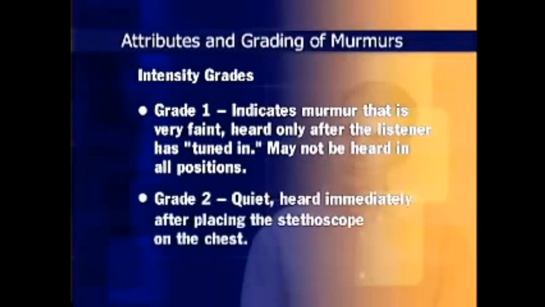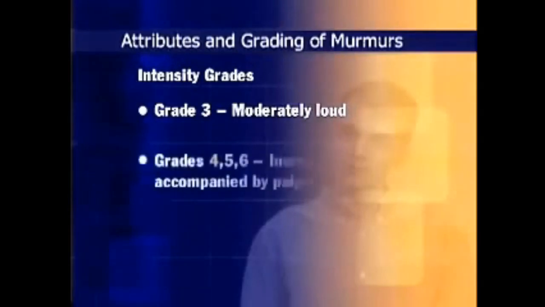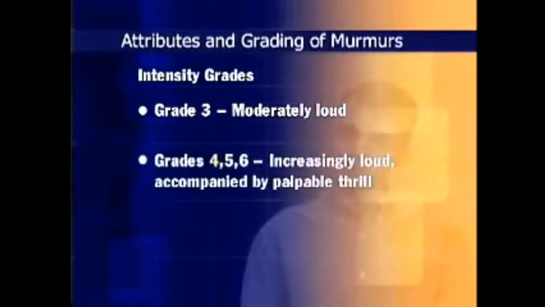A grade 2 murmur is quiet, but heard immediately after placing the stethoscope on the chest. A grade 3 murmur is moderately loud. Grades 4, 5, and 6 are increasingly loud and accompanied by a palpable thrill.